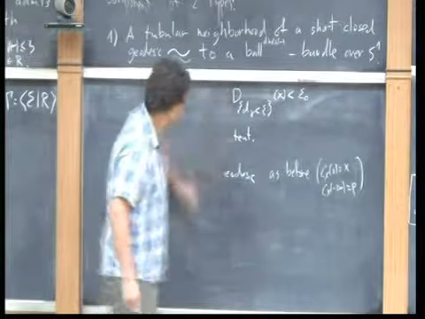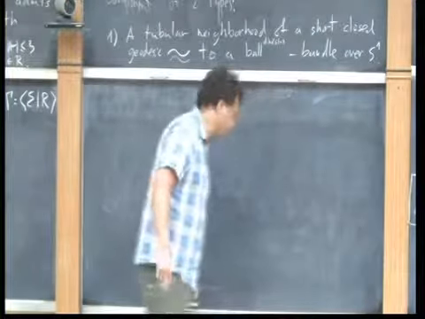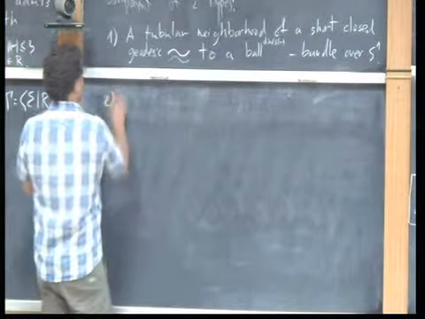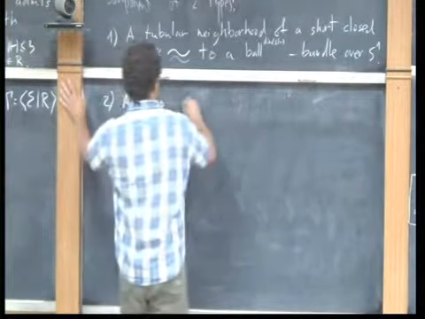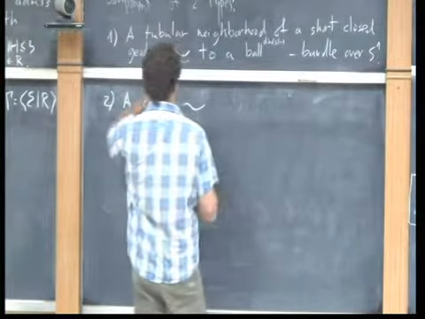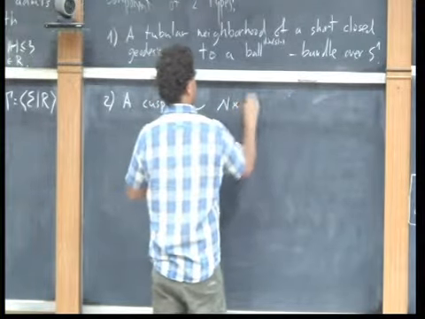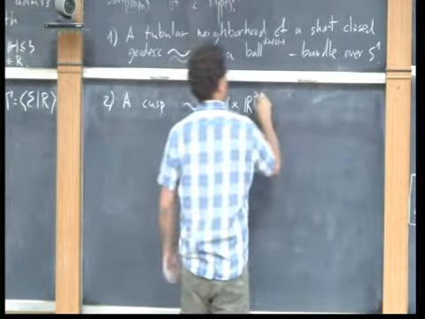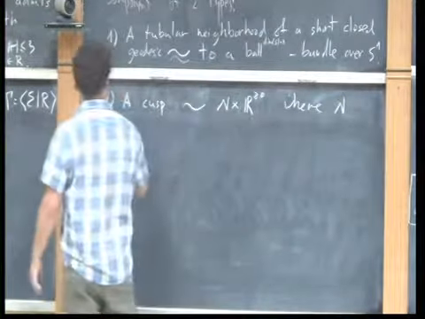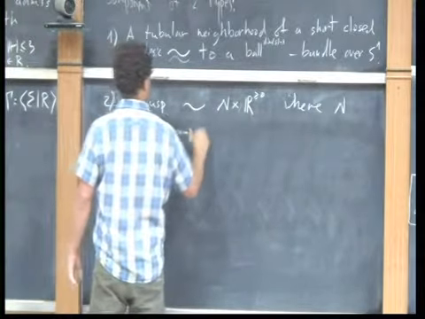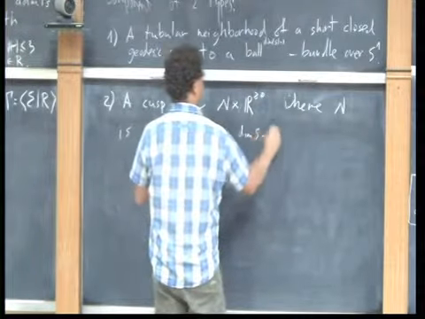And the second type is a cusp. Second type is a cusp. And this is homeomorphic to N cross R, where N is a compact manifold, again, in S minus 1.